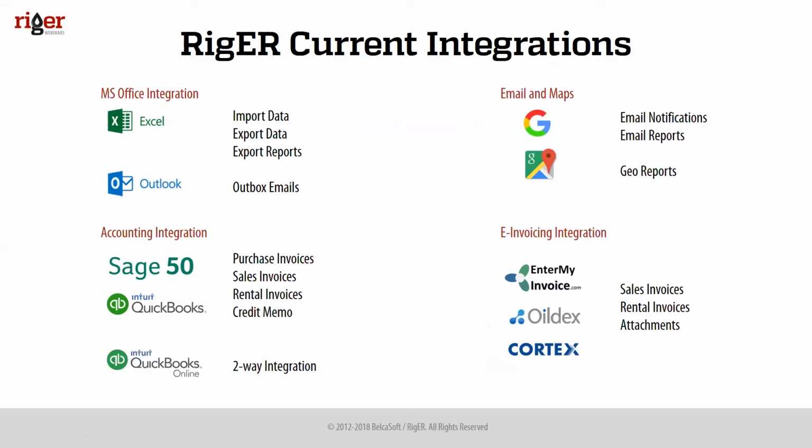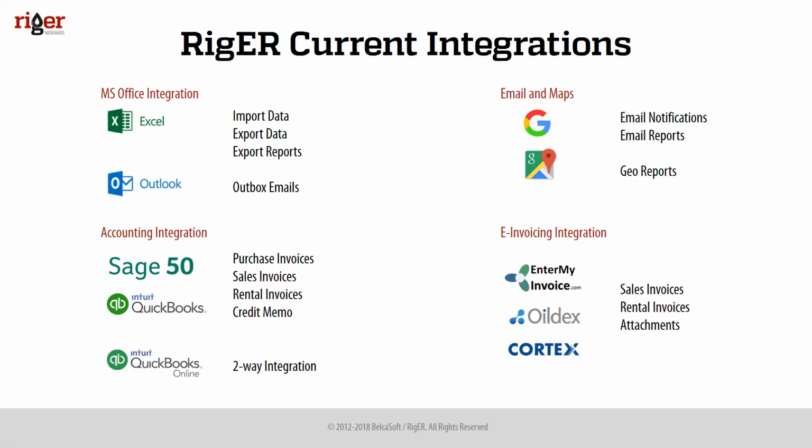Excel we use to import data, export data, and export reports. Accounting integration with the most common Sage and QuickBooks to export purchase invoices, sales invoices, rental invoices, credit memos. And with QuickBooks Online, we have two-way integration. It means that we can take data from QuickBooks and send data back to QuickBooks as well.